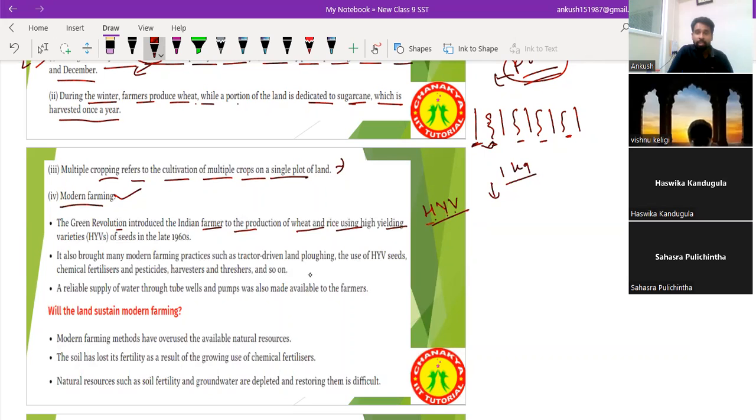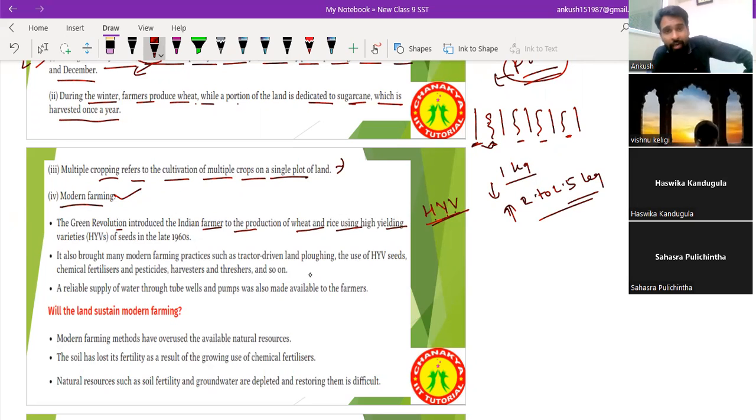Now, when HYV was introduced, a single plant may produce at least 2 to 2.5 kg. This much increment can be seen while using high yielding varieties. Have you got the point?